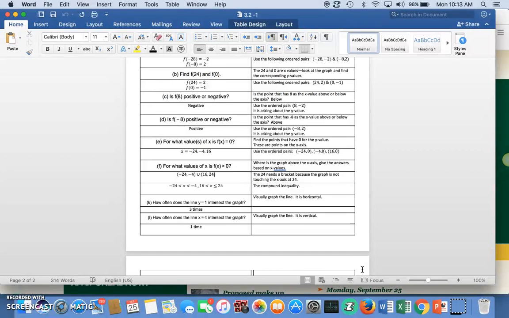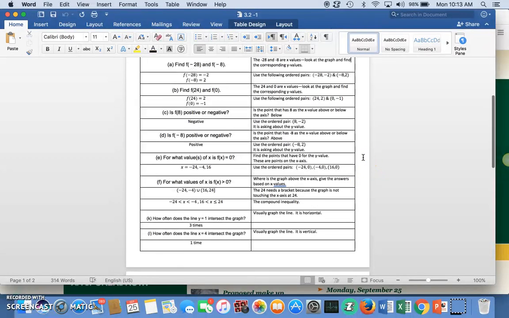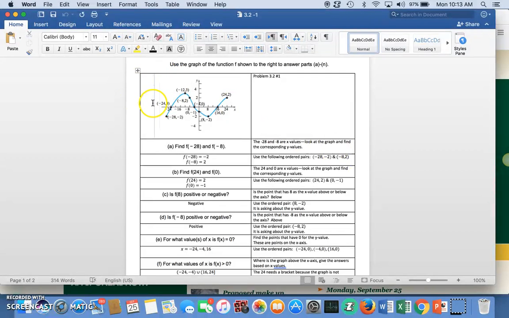Then it says, how often does the line y equals 1 intersect the graph? Well, let's go up here and imagine the line y equals 1. Y equals 1 would be a line that would cross between 0 and 2. So it hits it 1, 2, 3 times. That's a horizontal line, and it would hit that graph 3 times.